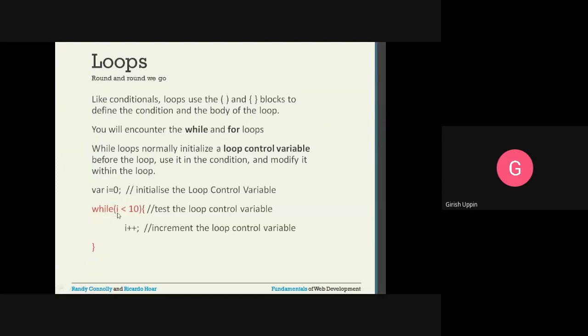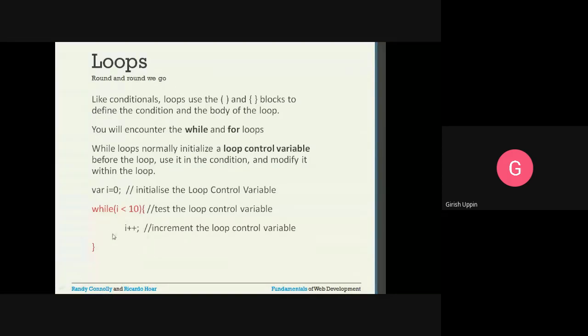Then we have the condition. While is the keyword that is used for the looping. Inside this parenthesis, i less than 10, and this is the start of the body. This curly brace is the close of the body of the loop. So inside we will have all the statements which we want to repeatedly execute.